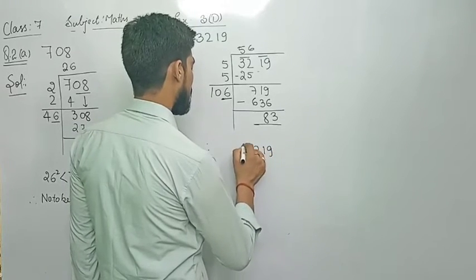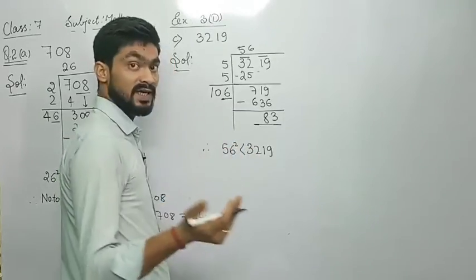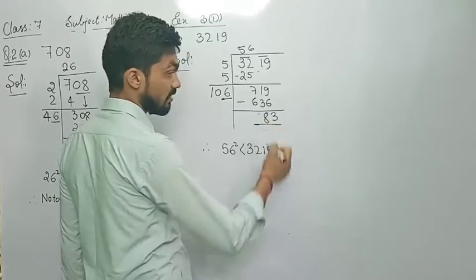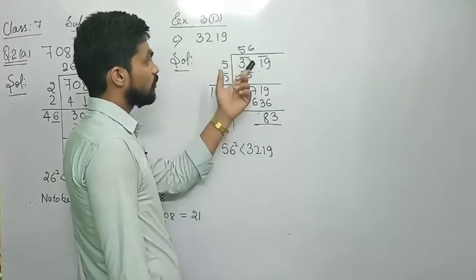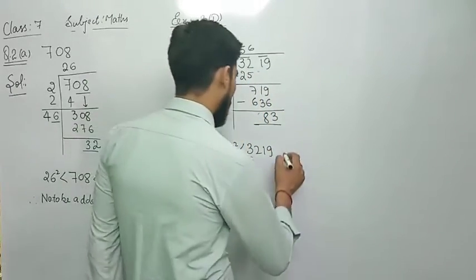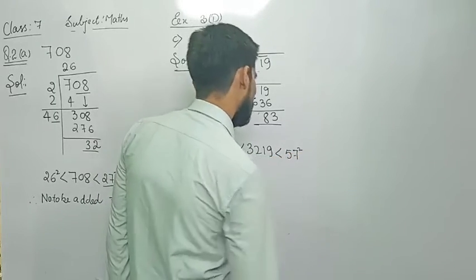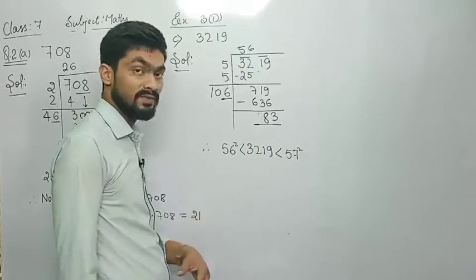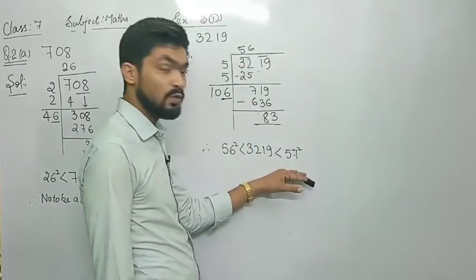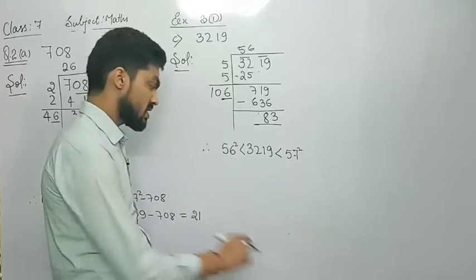3219 is greater than 56 square. Obviously greater because we are getting a remainder. If this much number would not be in this number, it would be a perfect square. And it will obviously be less than 57 square. This number is lying between 56 square and 57 square. So we have to add the number. Which number will we add?